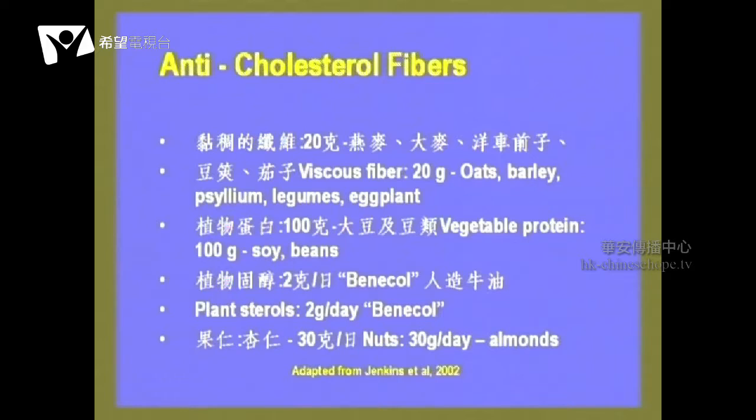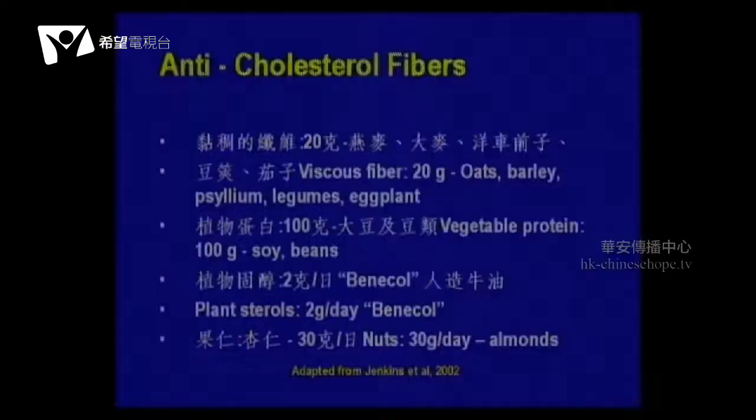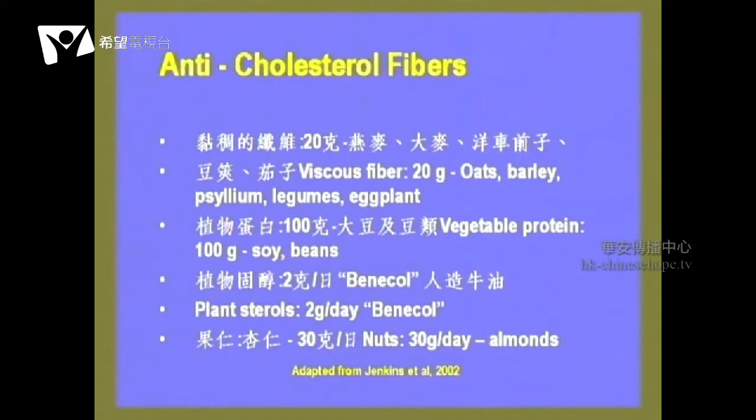Yes, fat helps to decrease cholesterol, even though you don't believe that. Like the type of fat called plant sterols, it helps to decrease cholesterol, and it can be found in the market with the name Benecol.